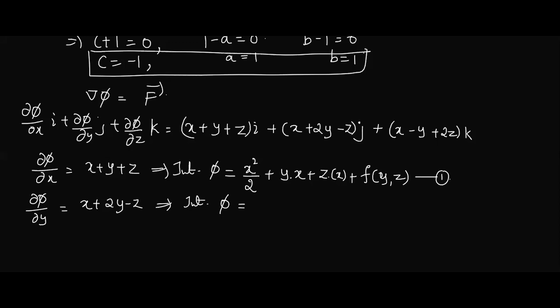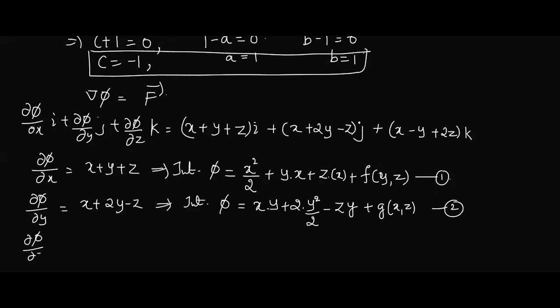Okay. So now, what is the integration of x with respect to y? xy. 2y becomes y square, and minus z is constant, so you will get zy. What should be added up? Yeah, what is the last part?